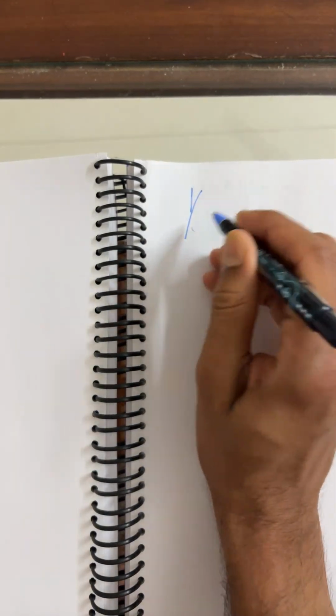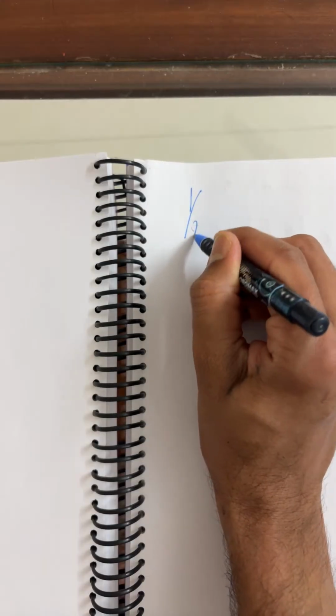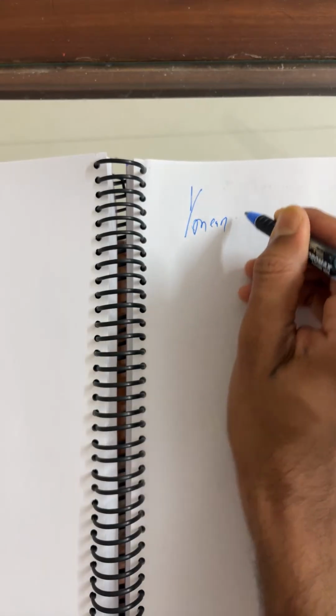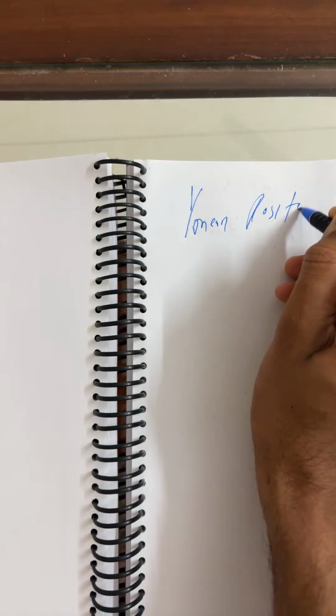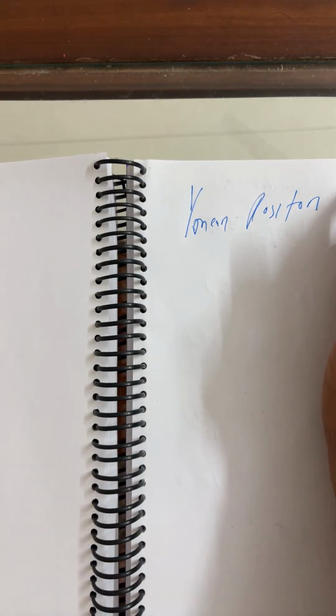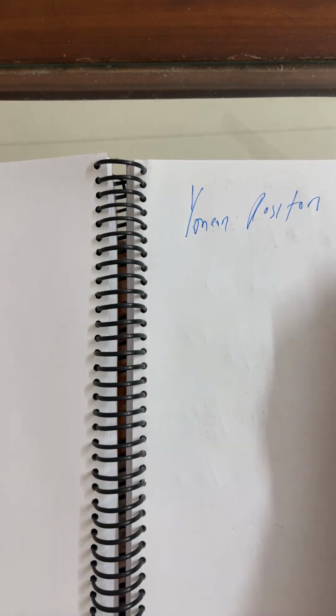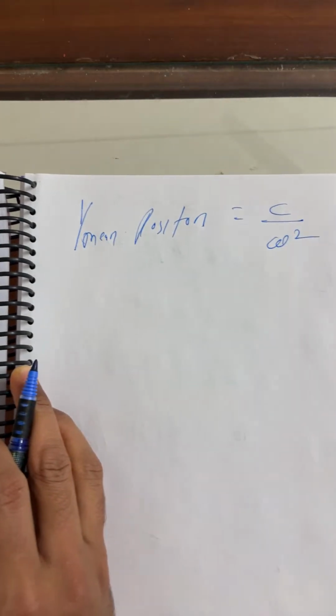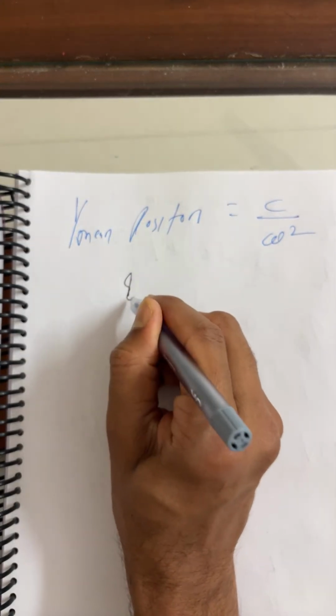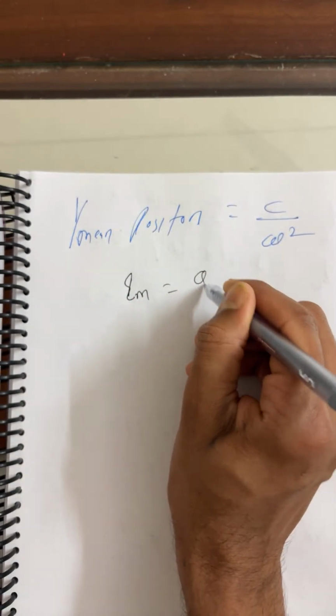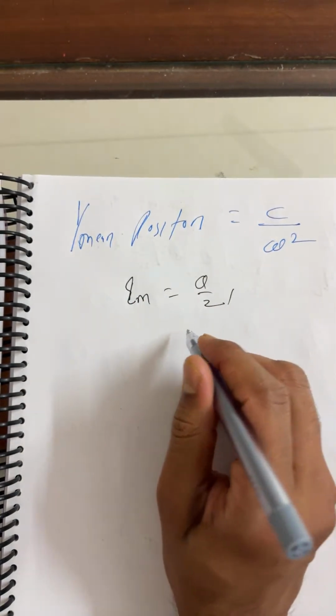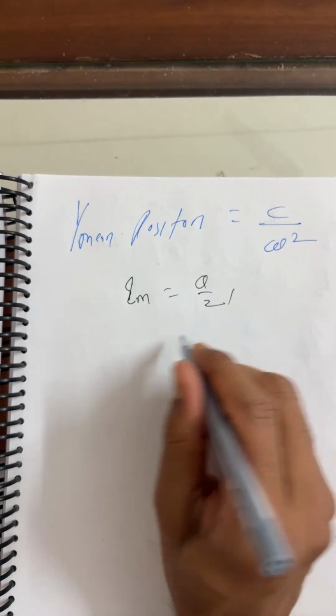Students, the displacement of particle at mean position is equal to c upon omega square, right? Charge at mean position is q by 2.